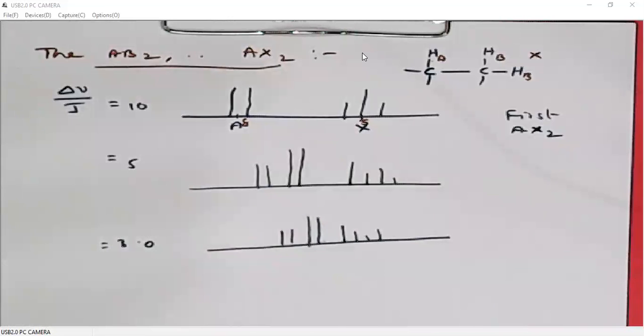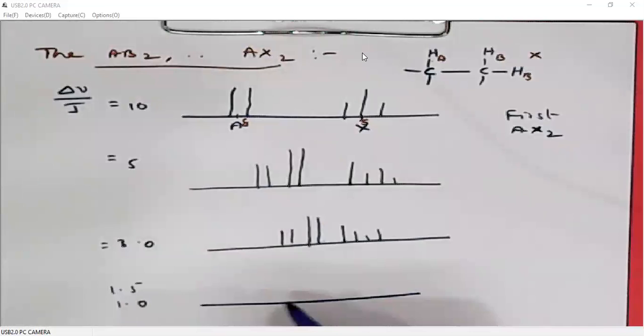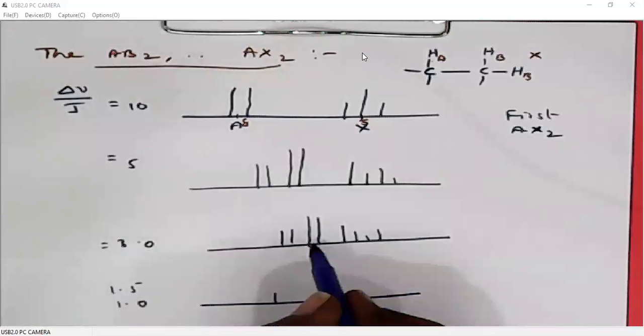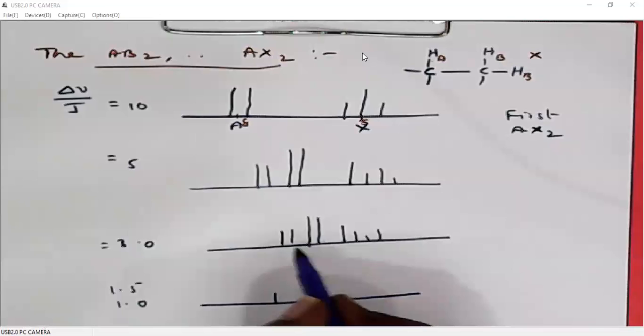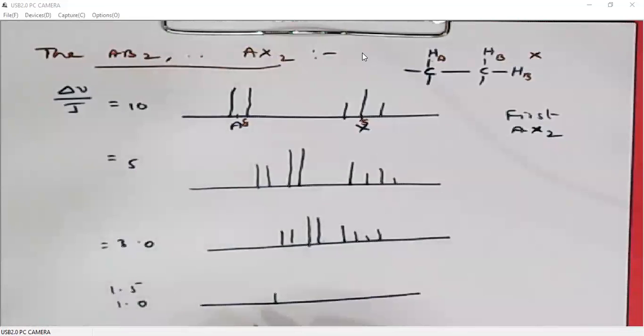If we have a value of around 1.5 or 1.0, then it becomes a single multiplet. Here we can see this multiplet and this multiplet with some small separation. But when we have delta nu by J value of around 1 or 1.5, then this multiplet becomes very complex and we don't see two different multiplets.